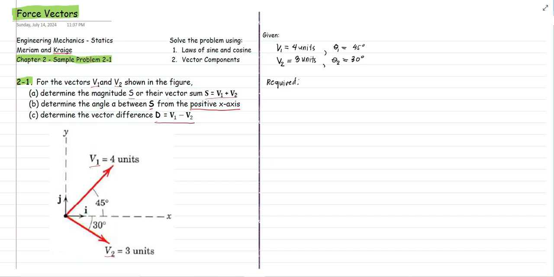The required parameters are: a. The vector sum s of v1 and v2. b. The angle alpha of the vector sum s from the positive x-axis. And c. The vector difference d of v1 and v2.